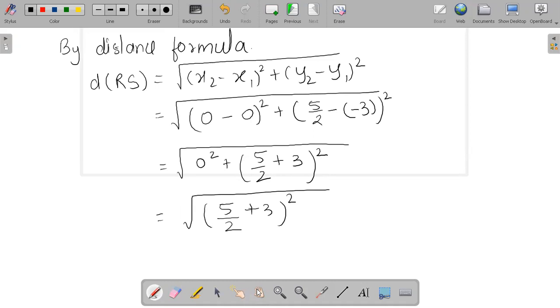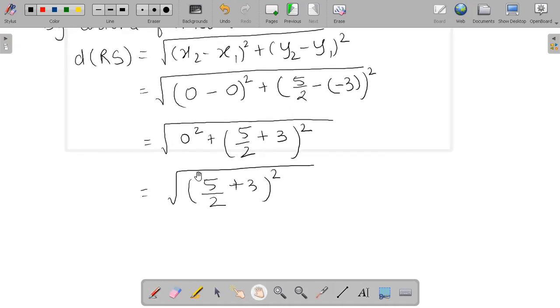Okay. Now here we have a fraction plus a number. So what will we do here? We'll do cross multiplication. Do you know how to add a fraction and a number? Yes. So if you see here, 3 is just 3 upon 1.